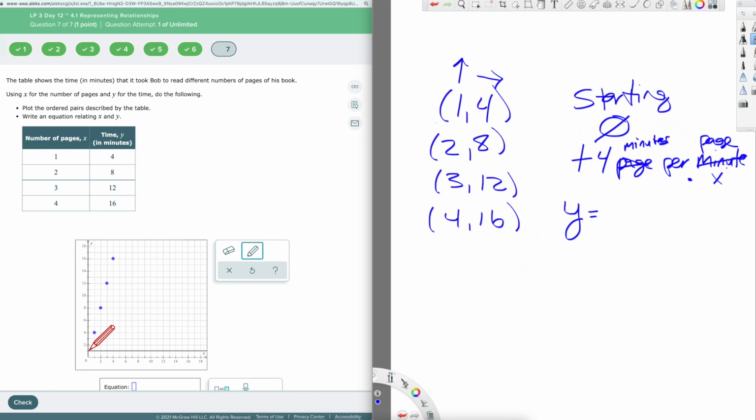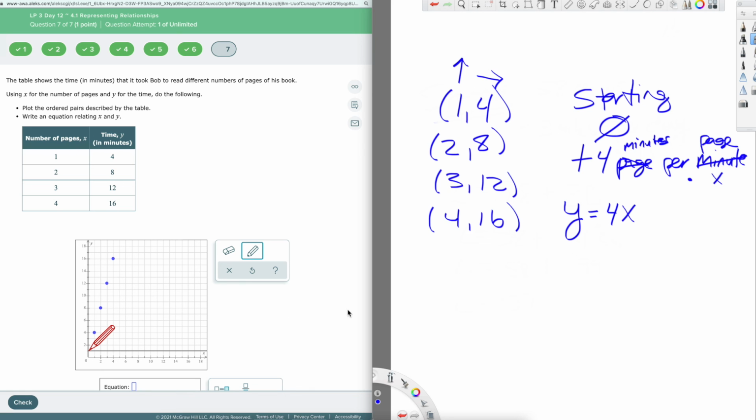We don't really have to put plus 0. I don't have to say 0 plus for my starting point, because that doesn't really mean anything. So we're going to ignore the starting point and just act like it's not there. We remember, if we don't see a starting point, it means that it's at 0. Okay? So he takes 4 minutes per page, so we just write 4X.